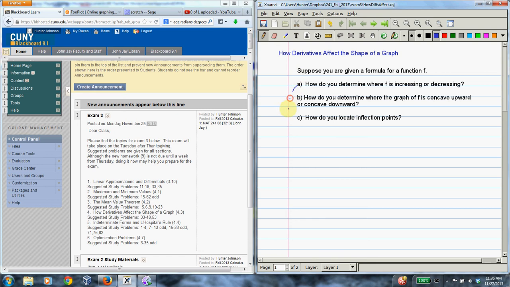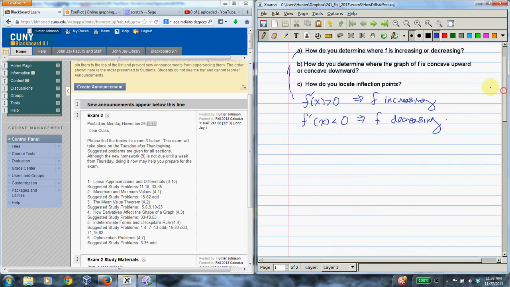This is just asking about the increasing-decreasing test, so you should know that f is increasing where the first derivative is positive, and you should know that f is decreasing where the first derivative is negative. Okay, so that's the big thing that lets you answer question A.